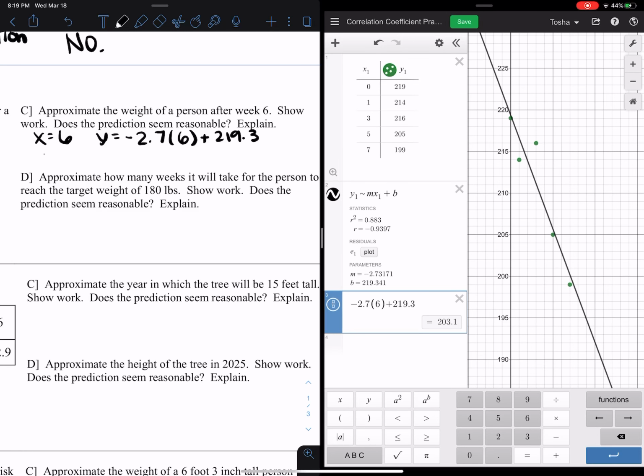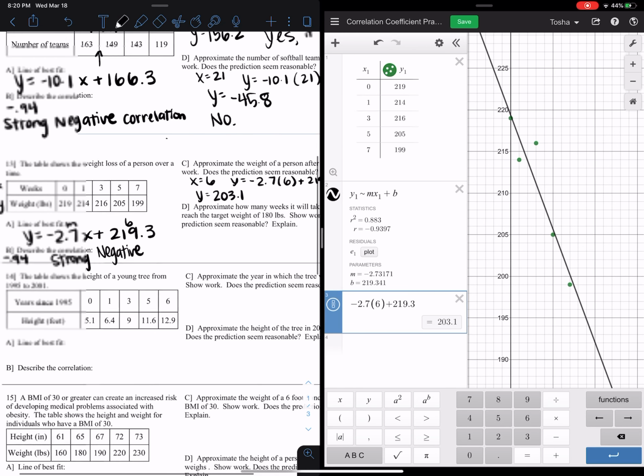So that tells us that after 6 weeks, the weight of this person would be 203.1. We could calculate how much they lost, but the weight is 203.1.